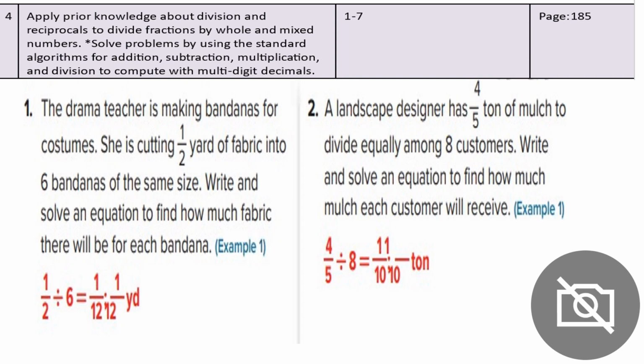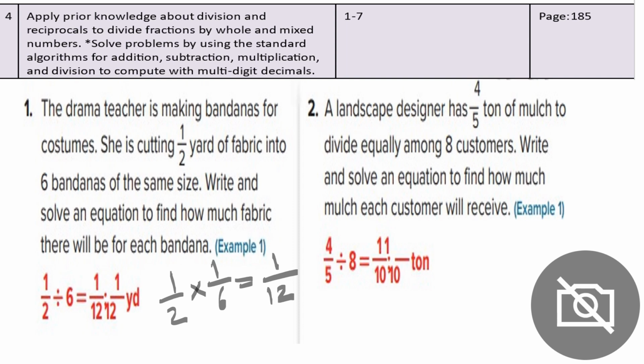So you see 1 over 2 yard of fabric into 6, that means 1 over 2 you are going to divide by 6. Divide by 6 means multiply with the reciprocal. The reciprocal of 6 is 1 over 6. So 1 times 1 is 1, 2 times 6 is 12. So this way you can do it.